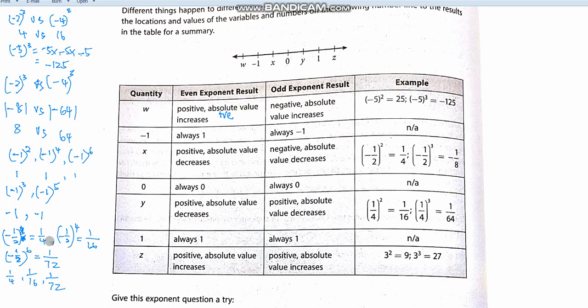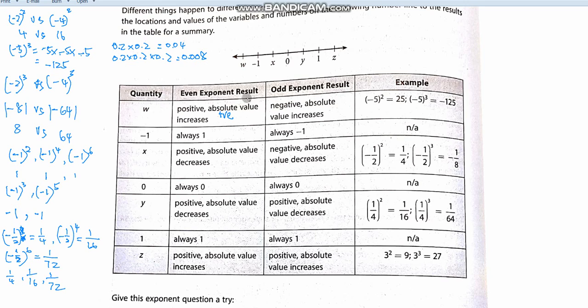For example, 0.2 times 0.2, this is 1 over 5 times 1 over 5, becomes 0.04. If I multiply more, it becomes 0.008. You can see the number becomes less and less.